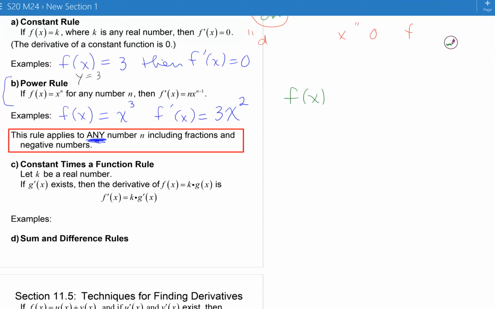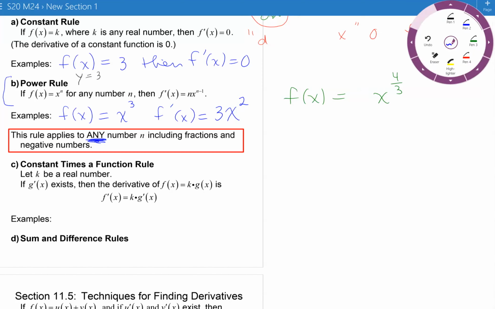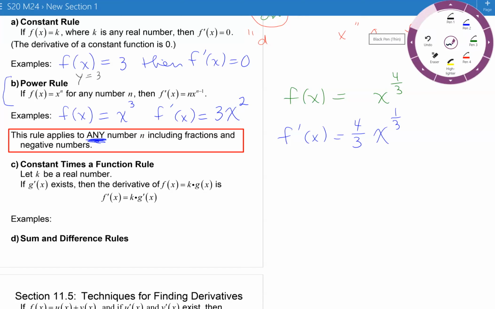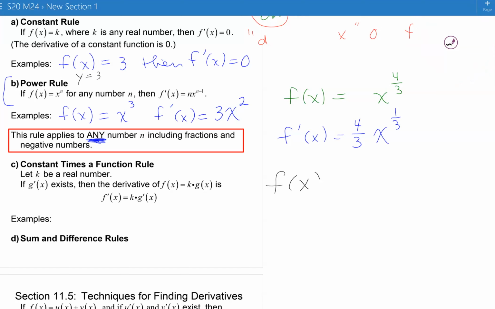So let's do some more practice. If f of x is 3x to the 4/3, oops, let me not put the constant multiple yet. Suppose it's just x to the 4/3, then f prime of x is, the exponent comes down in the front, 4/3, x to the power of, subtract 1 from 4/3 to get 1/3. Okay, so let's do another example, suppose I have x to the negative 1/2.